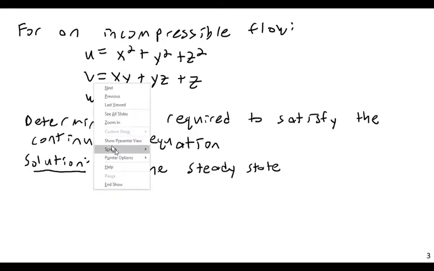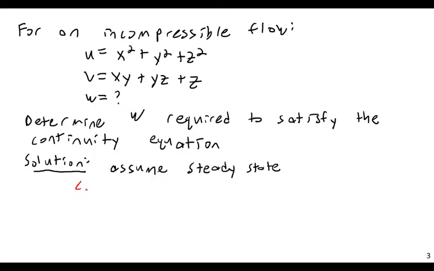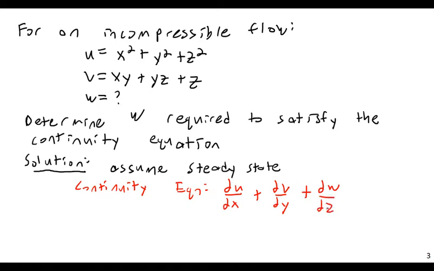So our continuity equation will come to the partial of u with respect to x plus the partial of v with respect to y plus the partial of w with respect to z all must be equal to 0.